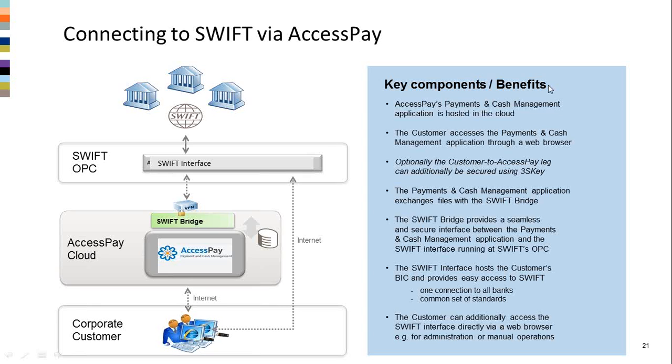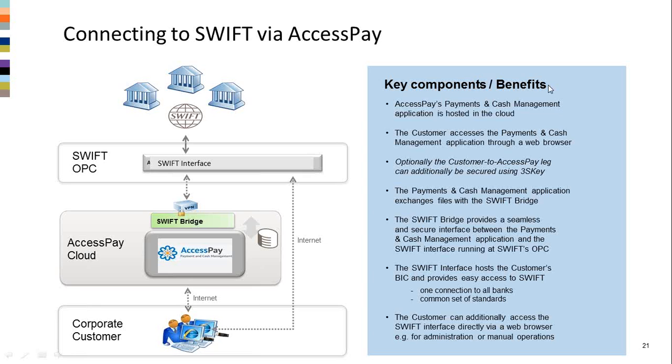If we then look at it on the inbound side, in other words, the bank-to-corporate direction, banks sending end-of-day statements as well as intraday transaction reports can deliver these addressed to the corporate's BIC over the Swift network in the normal way. These messages and files will then be received into the Swift interface running in our operating centers.